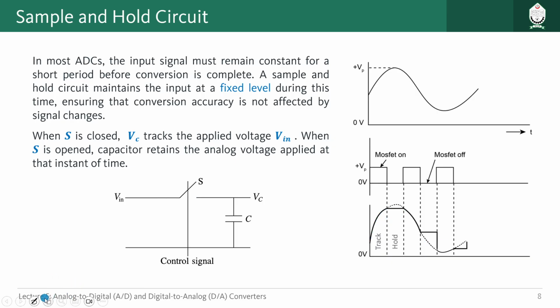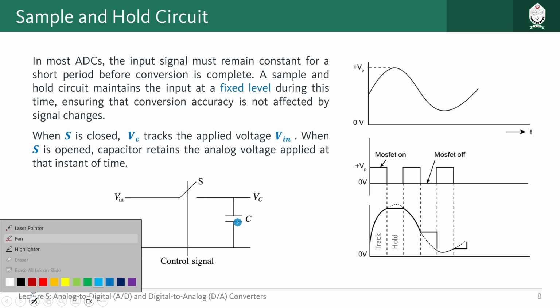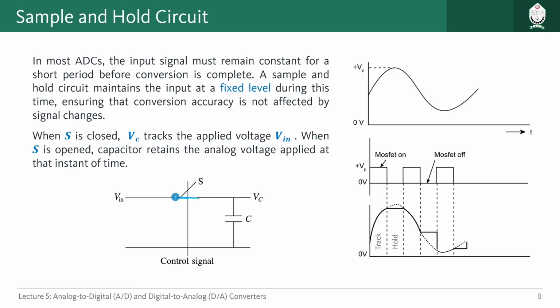Okay, so whenever this is closed, we will see that the output voltage is following the input voltage, which we call track mode. So the output is just tracking the input.